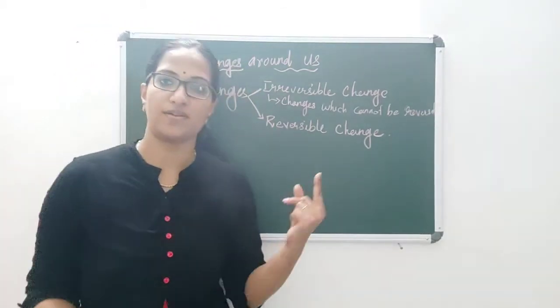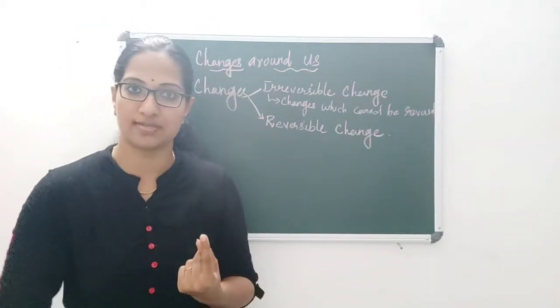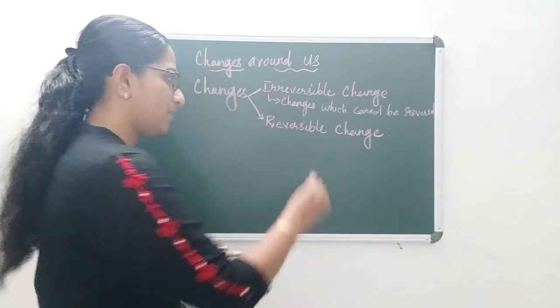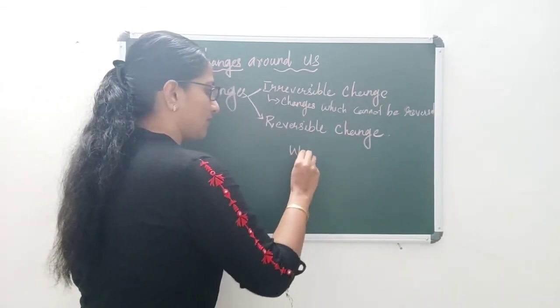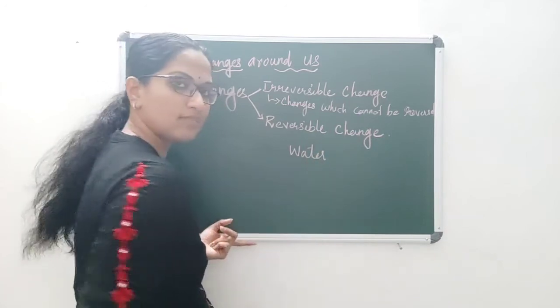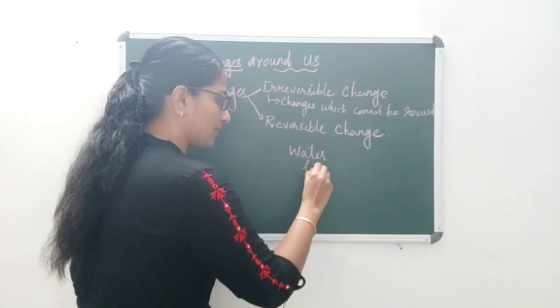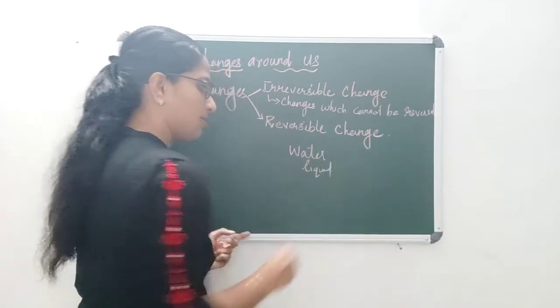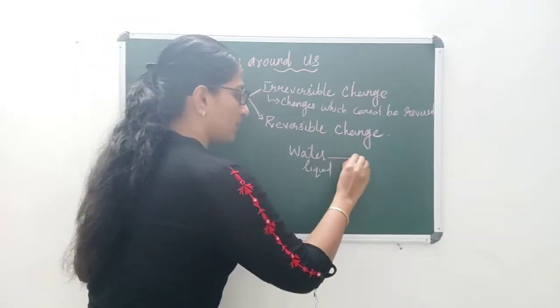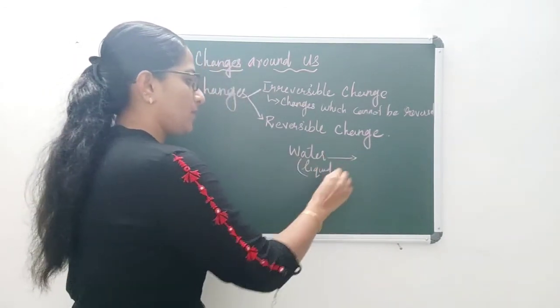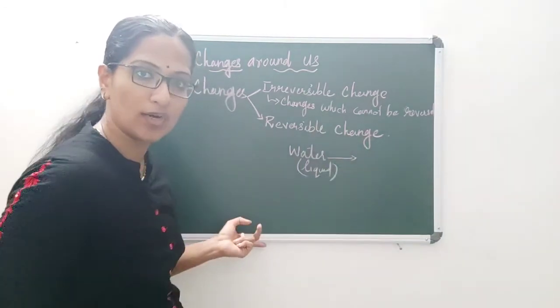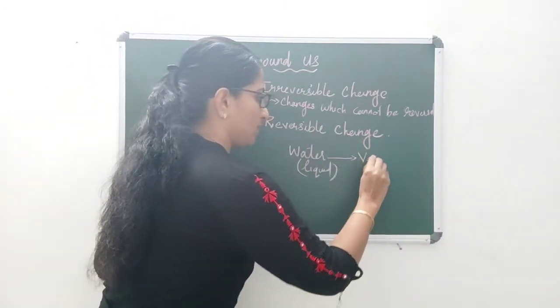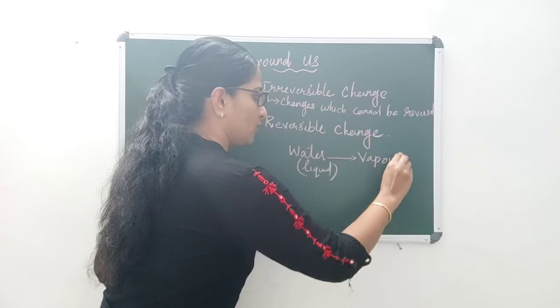Then what is reversible change? I will tell you a small example. Water, in which form can it occur? Liquid. Normal water is in liquid form, right? When you heat it up, you can see that the water is converted to vapor.